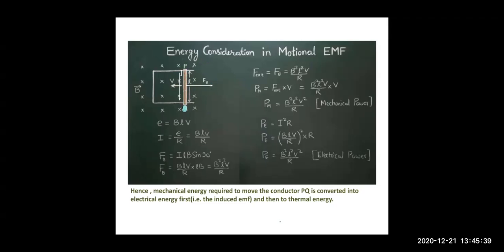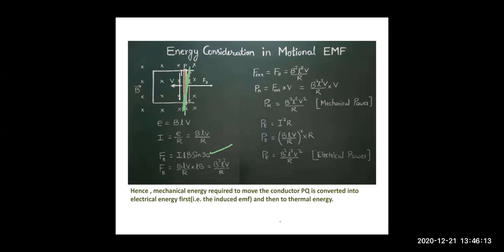Now your current is produced in PQ and PQ is in magnetic field B. तो PQ के ऊपर भी तो एक force लगेगा, that is magnetic force, and its value we know, that is magnetic force is IBL sine theta, where theta is the angle between the current I and magnetic field B. Now the current is in this direction, magnetic field B is inwards, so they are perpendicular to each other. So sine 90 will become 1.